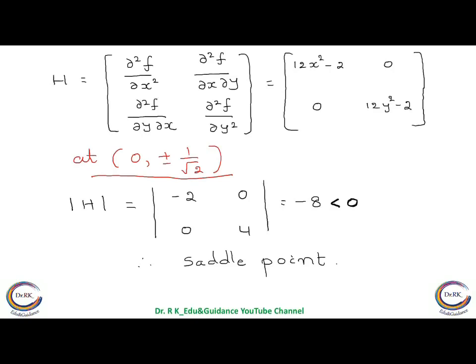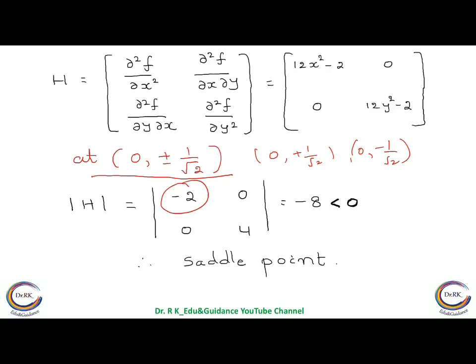Otherwise, we would have to do this with 0, plus 1/√2 and 0, minus 1/√2. Because the square is there, with no x term, it doesn't make any difference. Similar to this, we'll find the determinant of the matrix H. If we substitute x equal to plus or minus 1/√2, this becomes minus 2. Similarly, put y equal to 0.